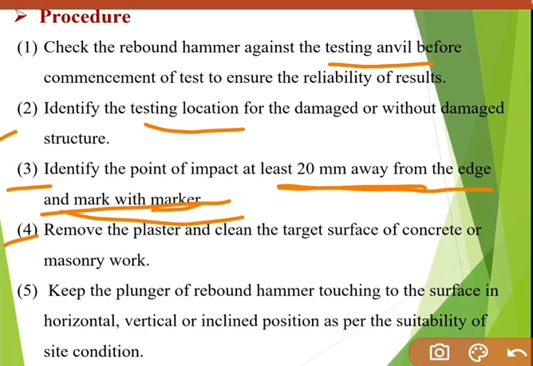After that, remove the plaster and clean the target surface of concrete or masonry work. Where you want to do the test, that surface should be clean and neat. Keep the plunger of rebound hammer touching the surface in horizontal, vertical or inclined position as per the suitability of site condition.